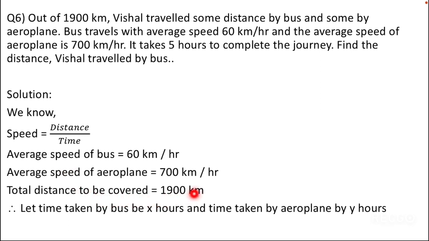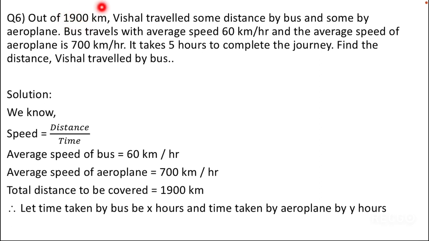Now you can see that the bus travels 60 kilometers per hour, so this will be 60x, and the average speed of the aeroplane is 700 kilometers per hour, so this will be our 700y. When Vishal traveled by bus and by aeroplane, he had to cover 1900 kilometers.